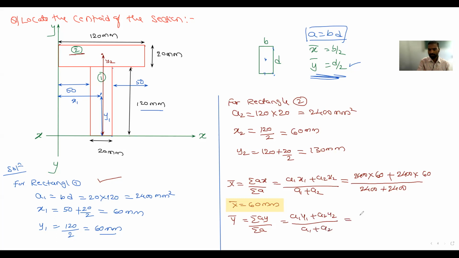So a1 is 2400 into what is y1? y1 कितना है? 60 plus 2400 into what is y2? 130, divided by 2400 plus 2400. Okay, calculate how much answer you will get. I will check. All of you calculate.